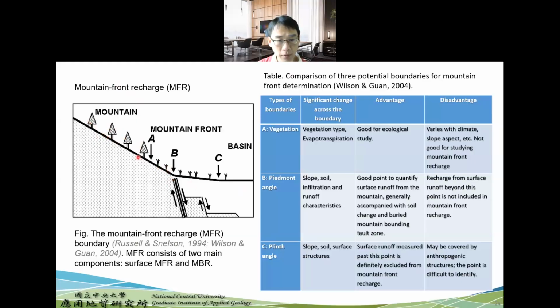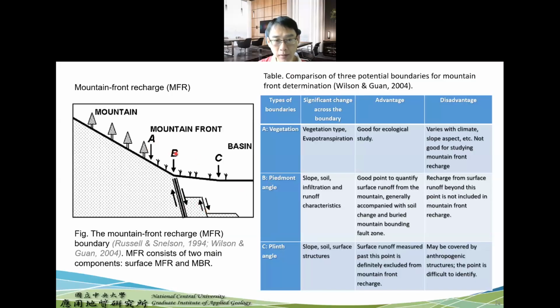Commonly, when we have a mountain or foothills, there are geological structures beside them, like a fault, a thrust fault or normal fault, that induce the formation of the mountains. The mountains have water, like surface runoff, and some of that will go into the groundwater system. So we call this the mountain front recharge.